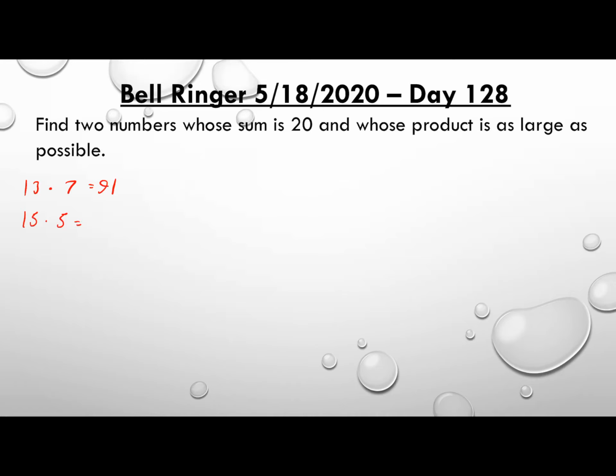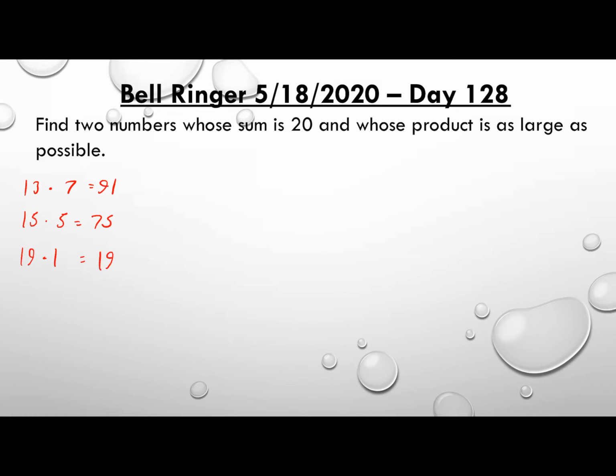Their product this time around is 75. So it looks like 13 and 7 seems to be in the lead. All right, let's try 19 and 1. 19 and 1 add up to 20, and their product is 19. Okay, that's not even close to 91.